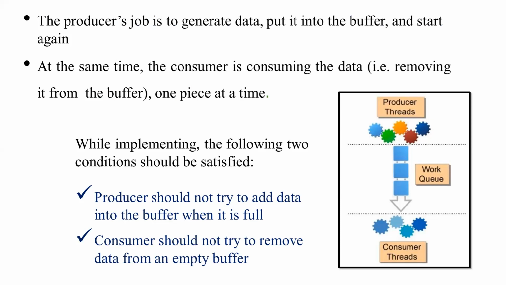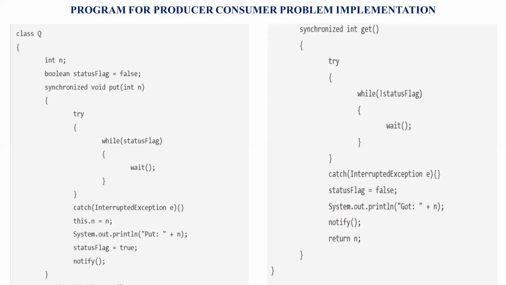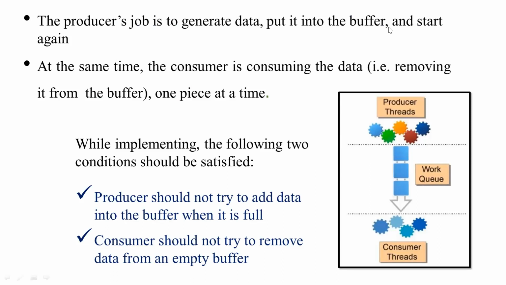When the producer produces data, it is stored in the buffer, that is the queue. There you will have notification, with the wait and queue concept.